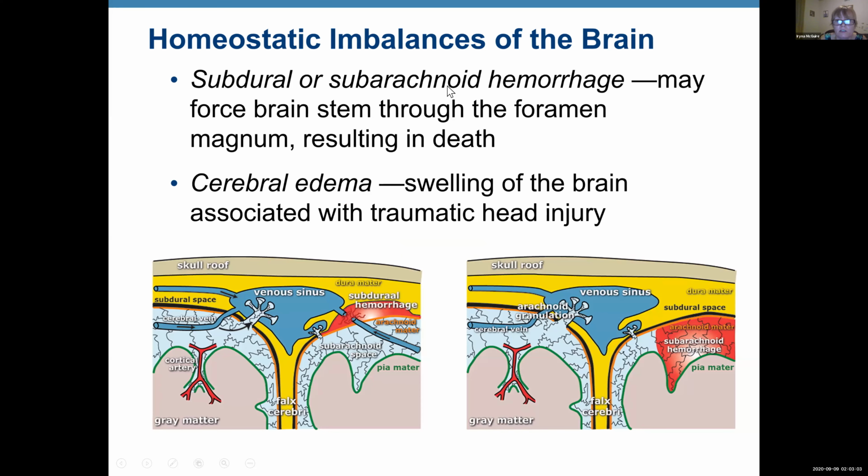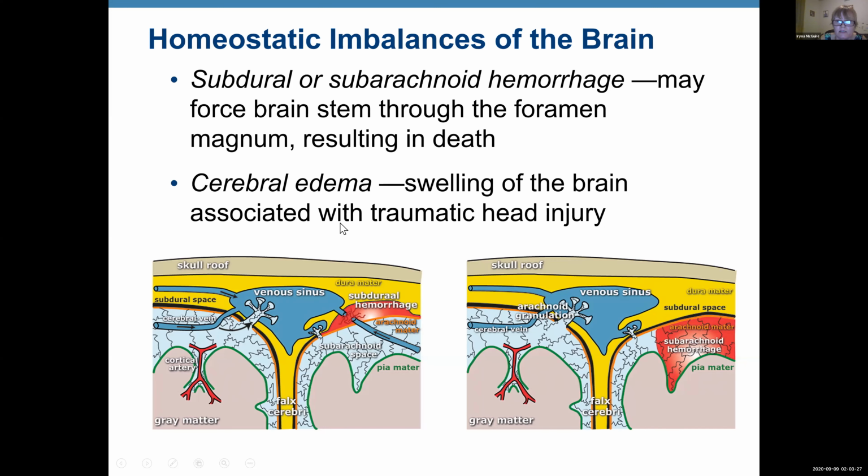Subdural or subarachnoid hemorrhage is when we have some breakage in a blood vessel and we have blood entering the subdural space or subarachnoid space, over here, for example, and it may force the brain stem through the foramen magnum, which results in death. So a very dangerous condition.